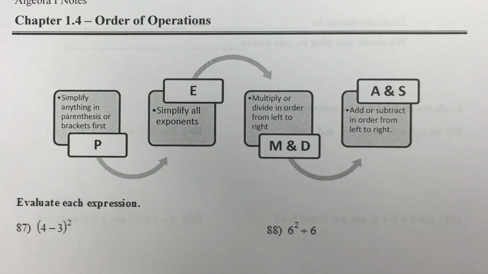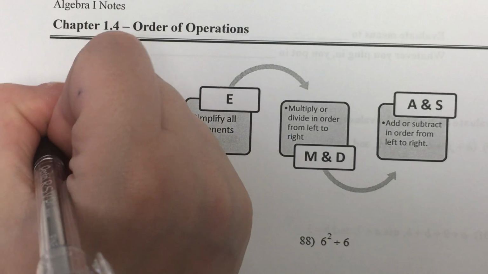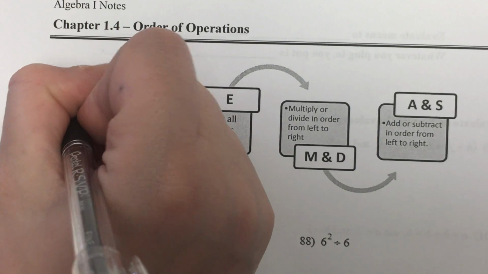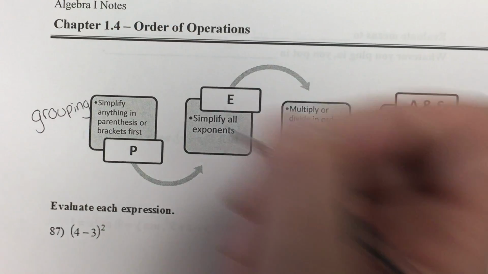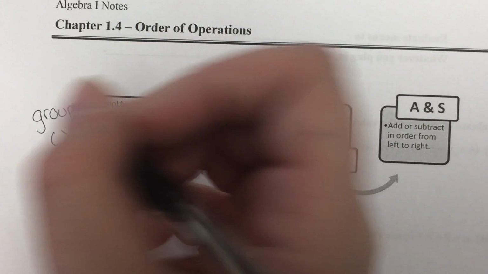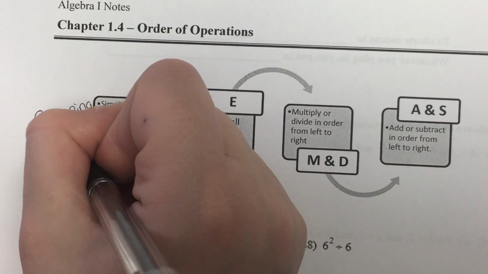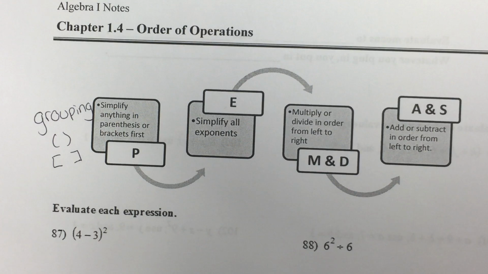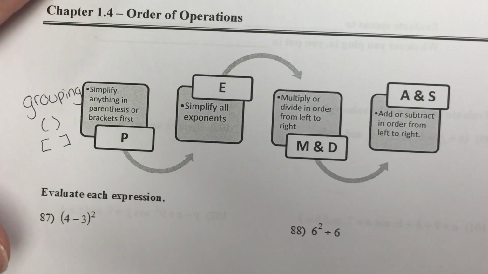However, not just parentheses. Yes, we use the P for parentheses, but this could be any kind of grouping. So we've got parentheses, or it could also be brackets. You just really need to pay attention and make sure that any kind of grouping gets done first.